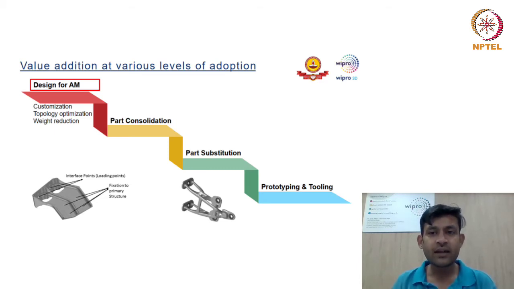What is the accuracy that we are getting in the process, and what is the accuracy that is required in the end application. By going through all these 3 tiers, all these fundamentals are clear to us.